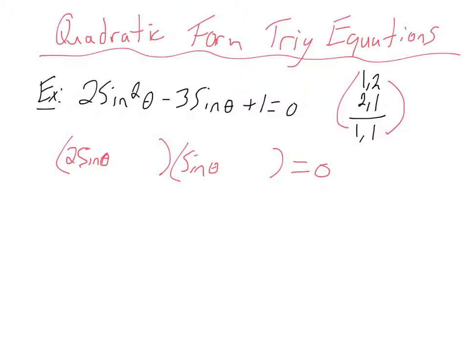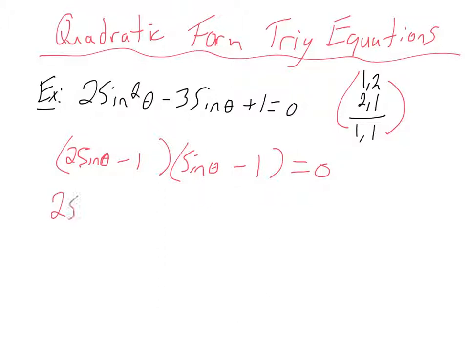So 2 sine theta minus 1, and minus 1. They have to be the same sign, right? And so if I multiply these together, I'll get my quadratic here. So this will give me my 2 sine squared. These two will give me my plus 1, and then negative sine theta minus 2 sine theta gives me -3 sine theta. Okay. Now, after factoring, how do we finish solving quadratics?